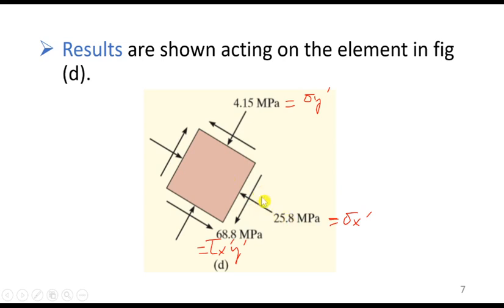We are just showing the stresses that we have just determined on this element. When you show it, it is compressive, that's why the arrow is toward the element. Sigma y prime is also compressive, and this is again along the negative y prime axis, and tau x prime y prime is shown here.